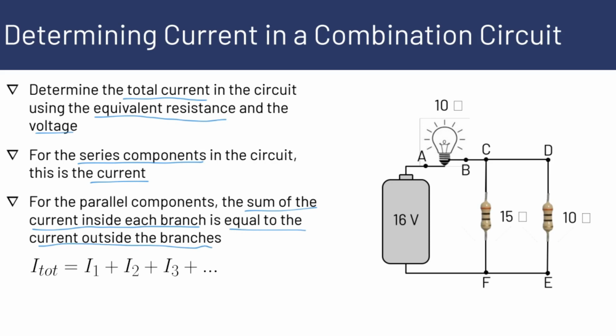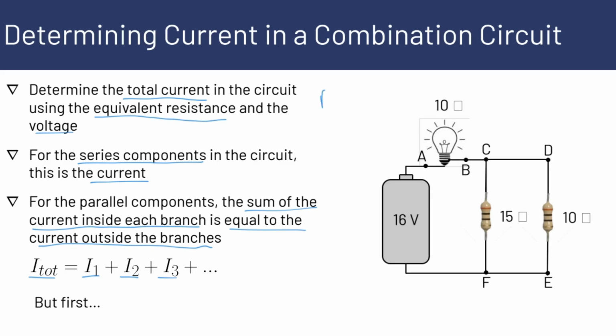Just like with a parallel circuit, the total current is equal to the current in branch 1 plus the current in branch 2 plus the current in branch 3. But before we can figure out the current across the branches, we've got to do something first.